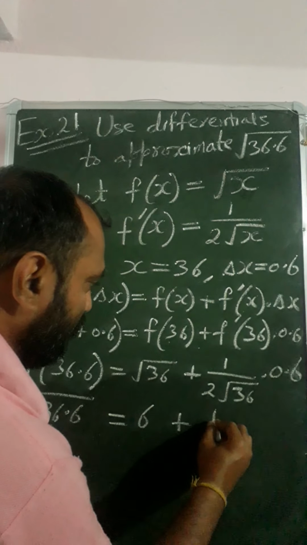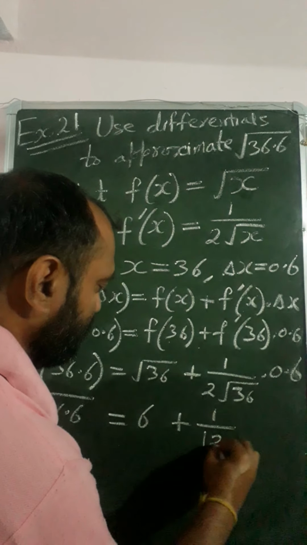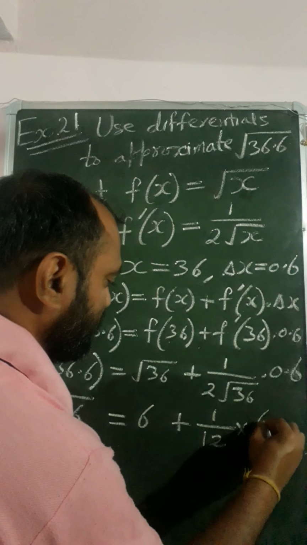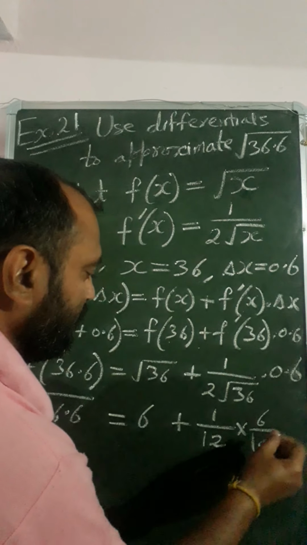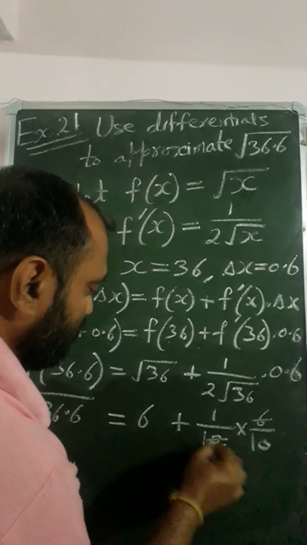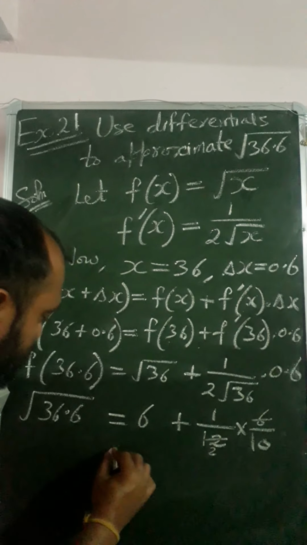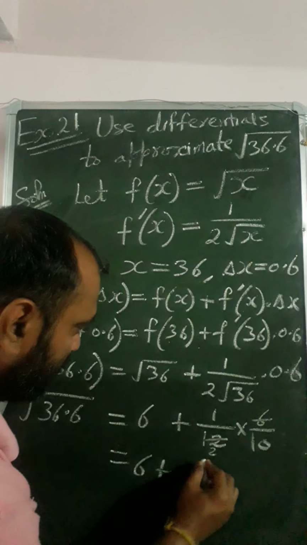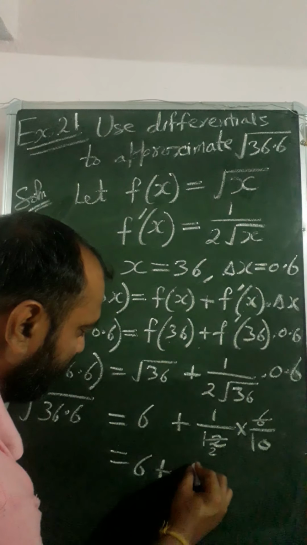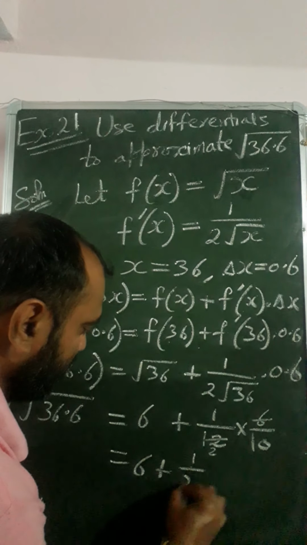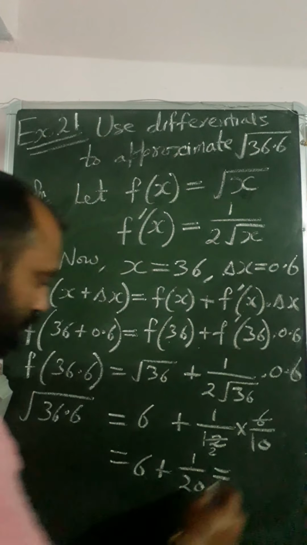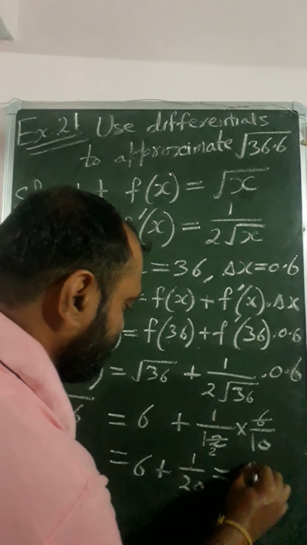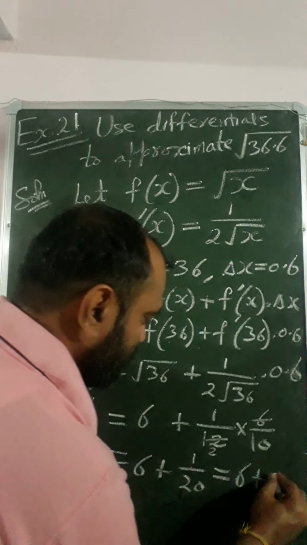Plus 1 over 12 into 6 by 10, so this is 6 over 120, that is 1 over 20, which is 0.05.